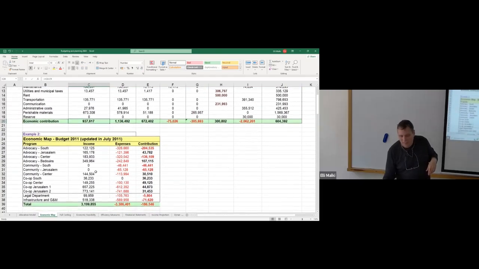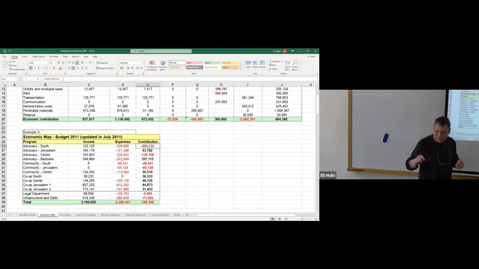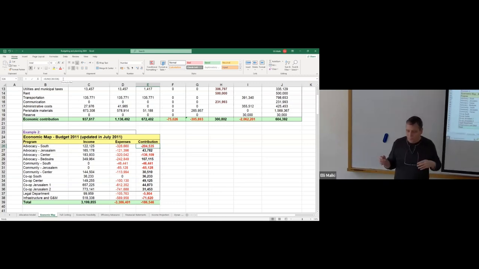But if we present expenses with a negative sign, the economic contribution will be income plus expenses with a minus sign. It's technical, but we have to understand it if we want to use the negative. There are some advantages to the negative sign that we will see later on. All right, so this is clear?